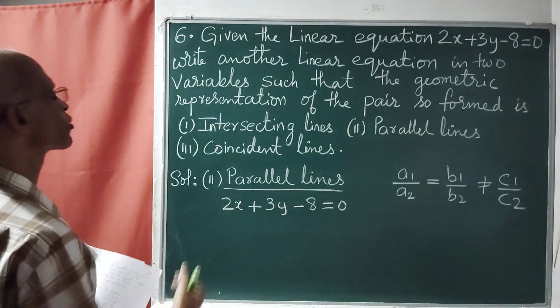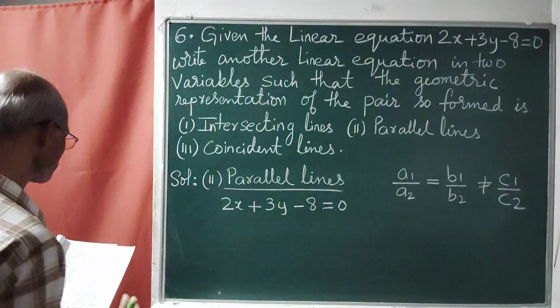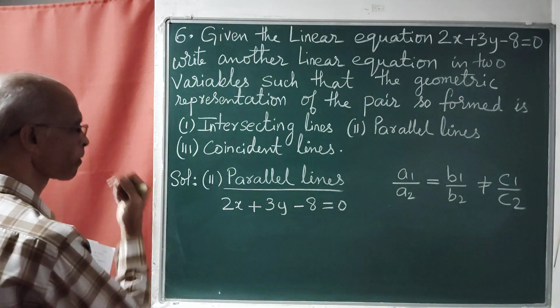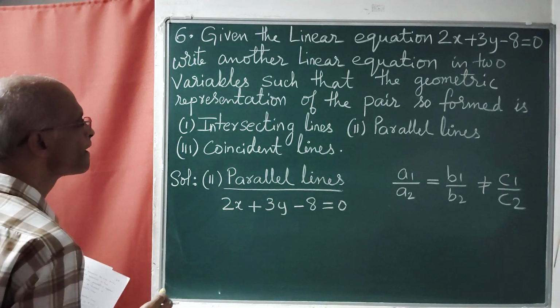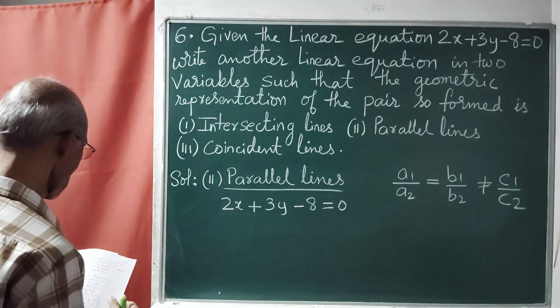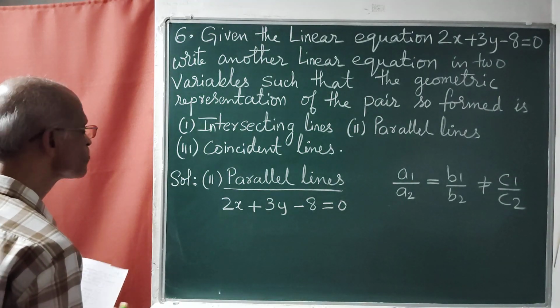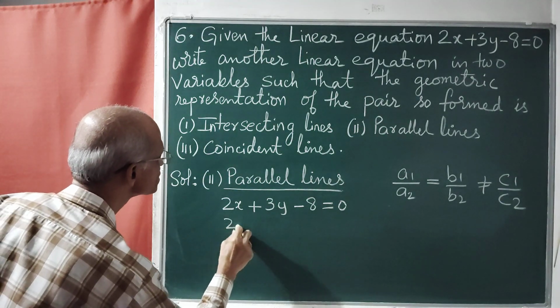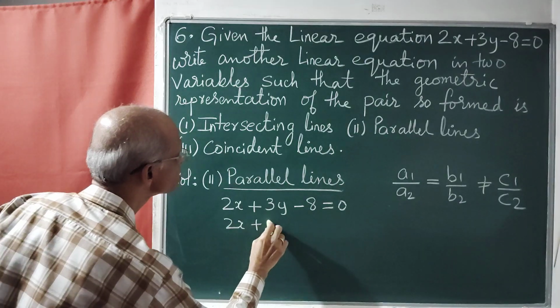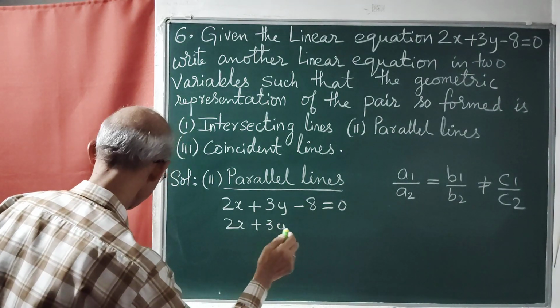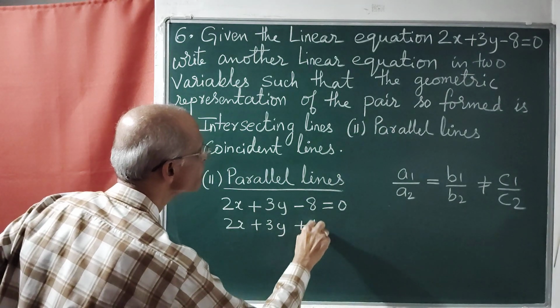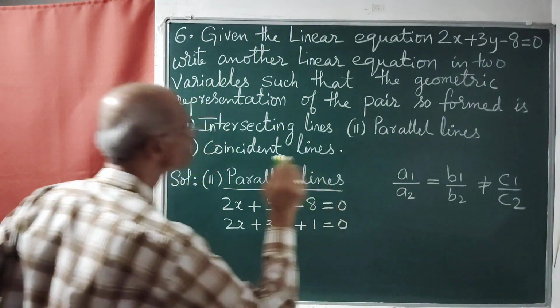So now I will write here 2x plus 3y plus 1 equal to 0.